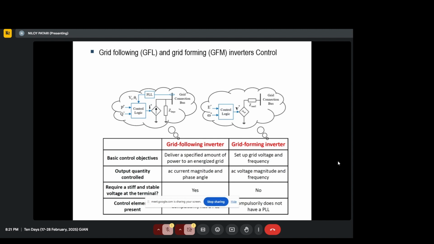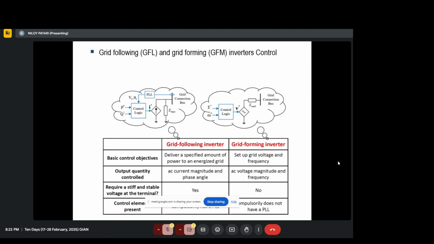It follows whatever the grid voltage is at its terminal, and then gets connected. It is not affecting the frequency or any other things. It is just changing its own current injection, and that's how it injects active or reactive power to the grid.